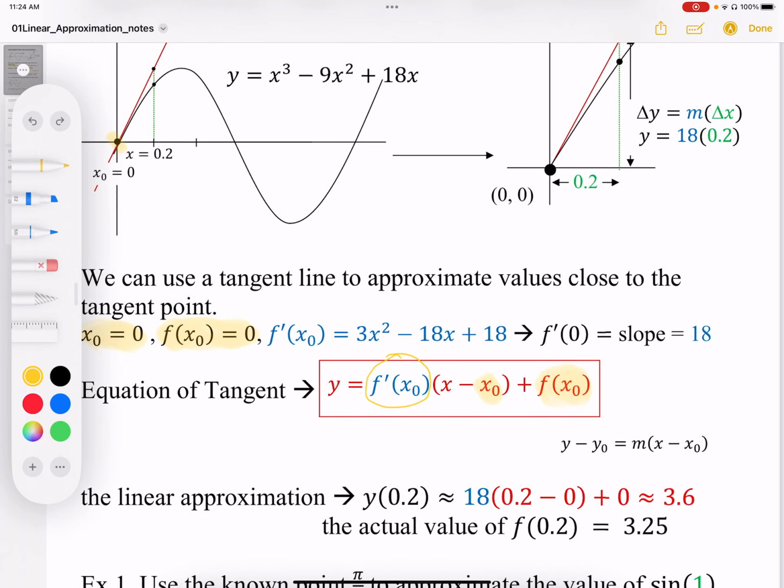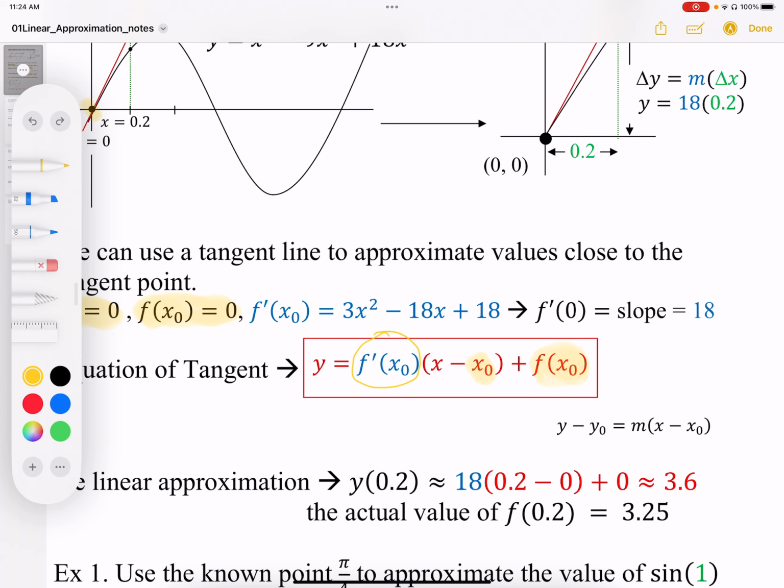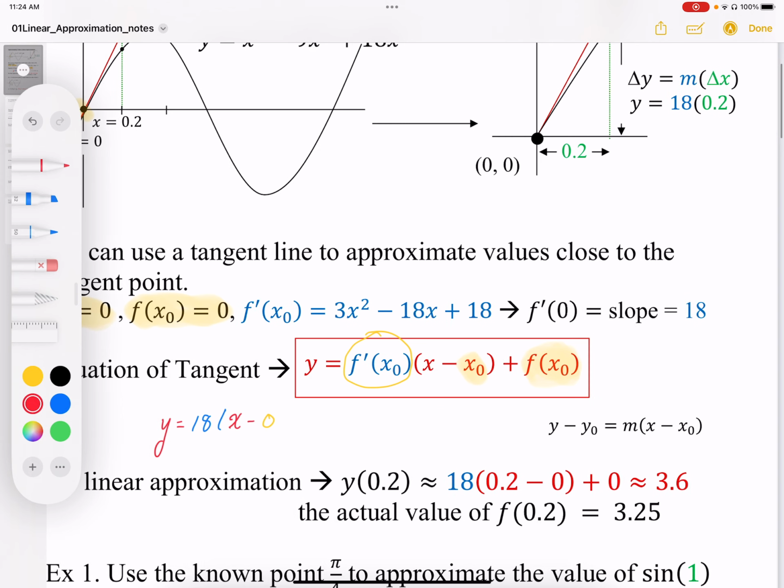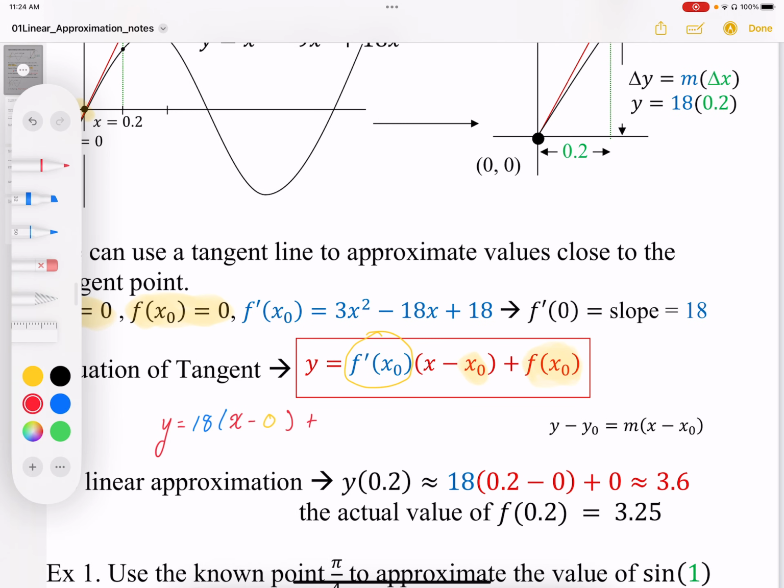So when we approximate that, well, we're just going to write down the equation first. The equation of that tangent line is going to be y is equal to 18 times x minus 0 plus 0, which is our point of tangency.